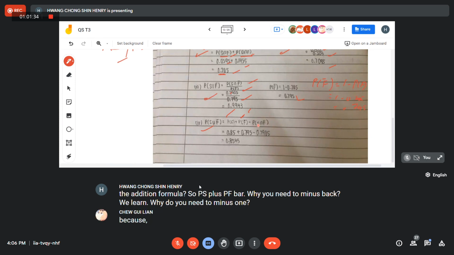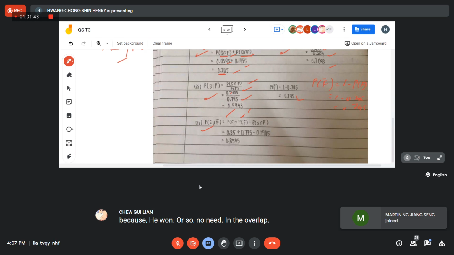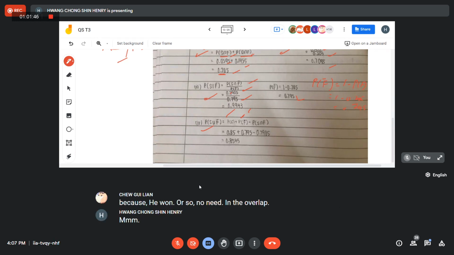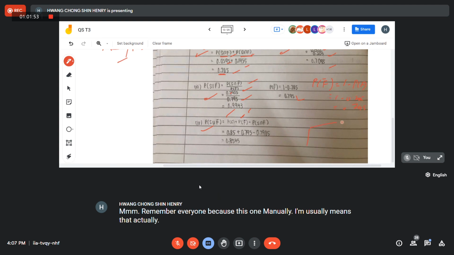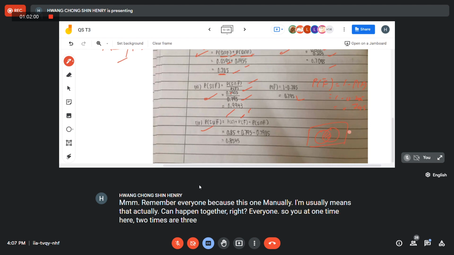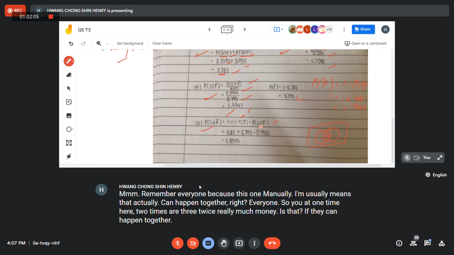Because you want "or", so no need to add in the overlap. Remember, everyone? Because this one is non-mutually exclusive. Non-mutually means they can actually happen together, right, everyone? So if you add one time here and again here, actually it's counted twice already. So you must minus back, one time now.